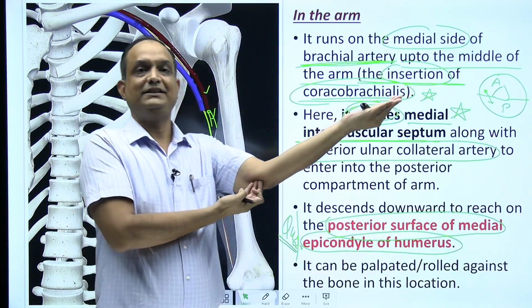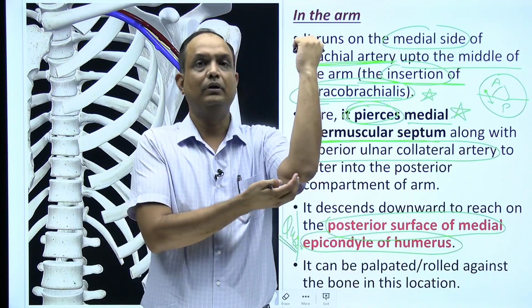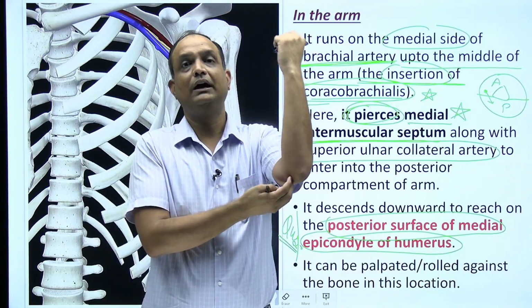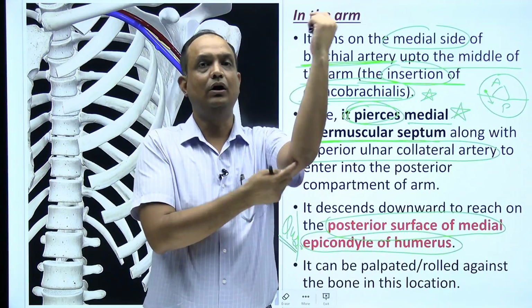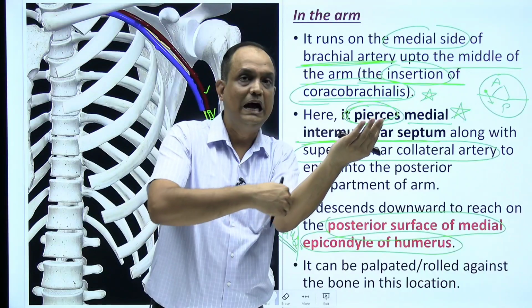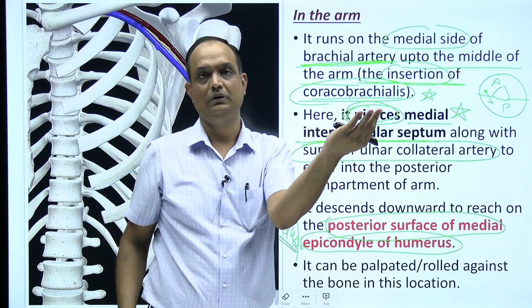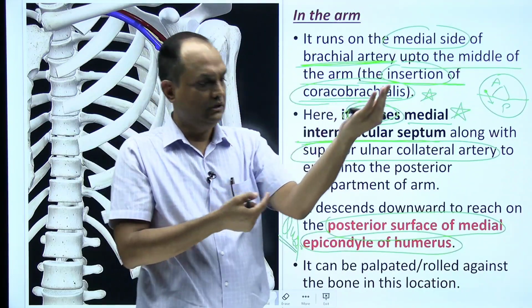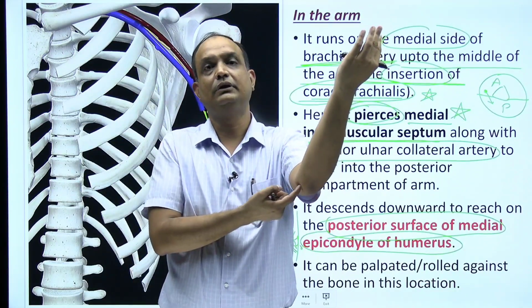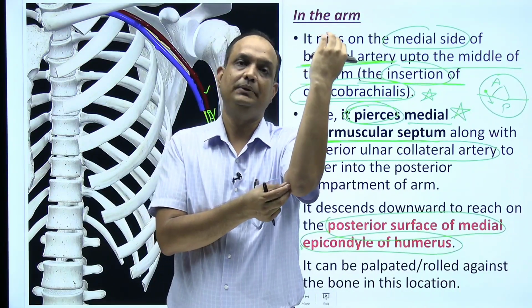You have all experienced that if you have a sudden hit on this posterior point of your medial epicondyle, you have numbness or a sensation along the medial border. It happens because the trauma irritates your ulnar nerve, which is on the posterior side of the medial epicondyle.